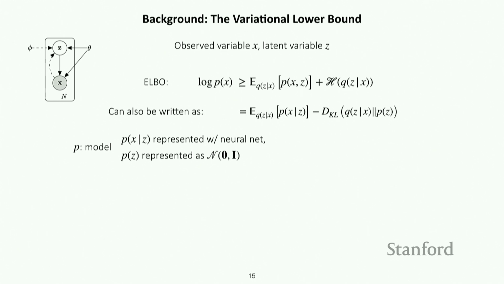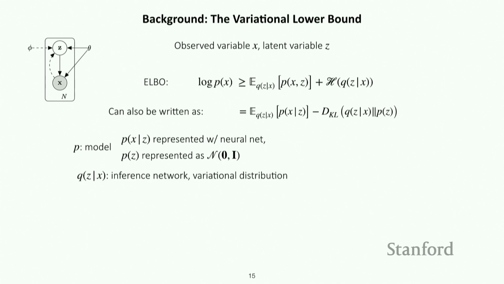You can also learn your prior. P of z could also be represented by a neural network, or as a learned mean and a learned variance. In practice, in variational autoencoders, you typically don't learn it because the layer afterward can transform it into a learned mean and variance. But we'll see in the meta-learning case, there are actually going to be situations where we'll want to learn it.